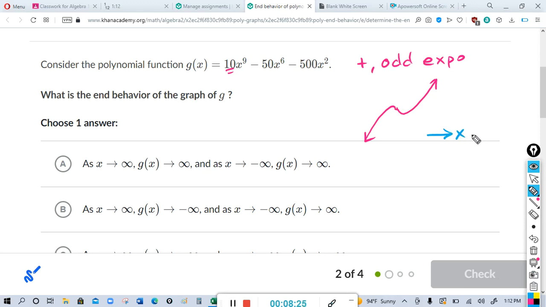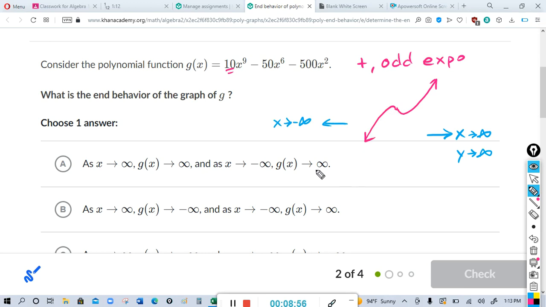As x goes to infinity, this way, what happens to y? It just keeps going up, up, up. So y also goes to infinity. And over here, as x goes this way, that's negative infinity because we're going in the negative direction. What happens to the y?